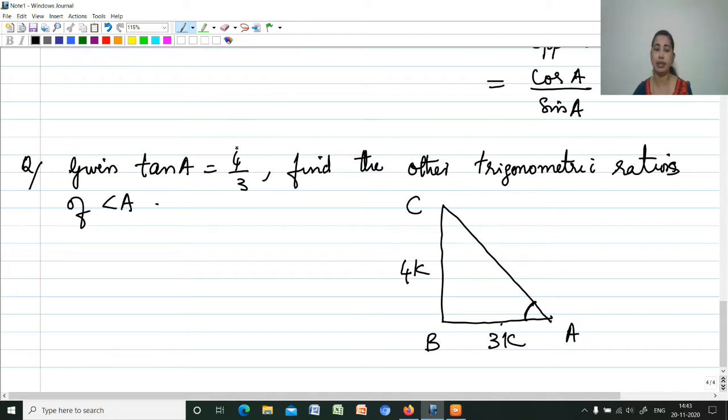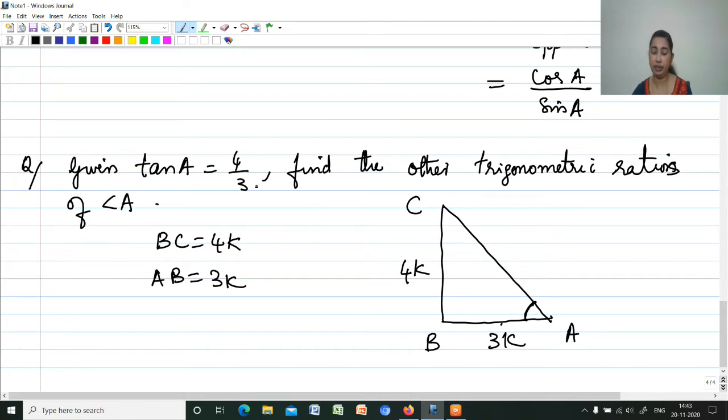That doesn't mean that the numerator is 4 and the denominator is 3. Instead, we write this side as 4k and the other side as 3k. That means BC is equal to 4k and AB is equal to 3k.